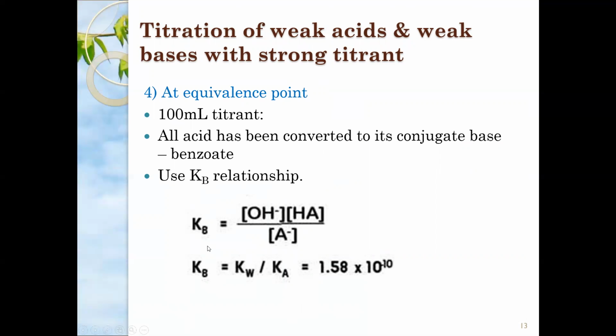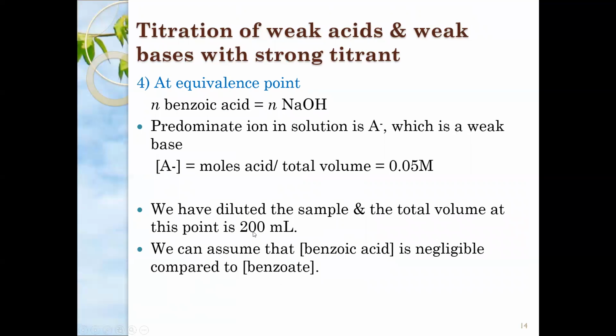We have to use the Kb expression now, because no longer is benzoic acid present. How do we find Kb? We use the Kw, Ka, Kb relationship. To find Kb, Kw divided by Ka gives Kb. So this is the Kb value, and we substitute this in the expression to find OH minus.